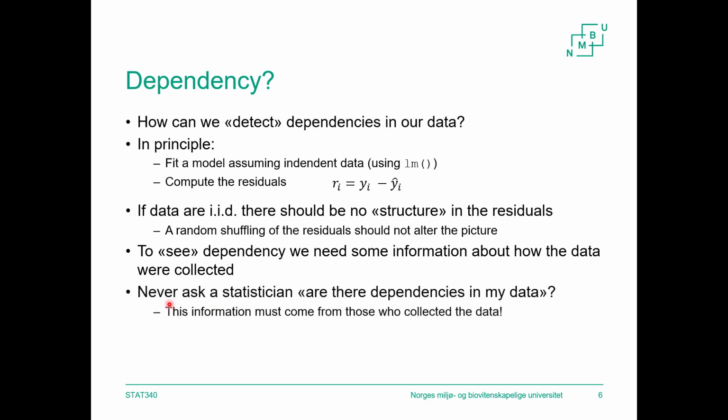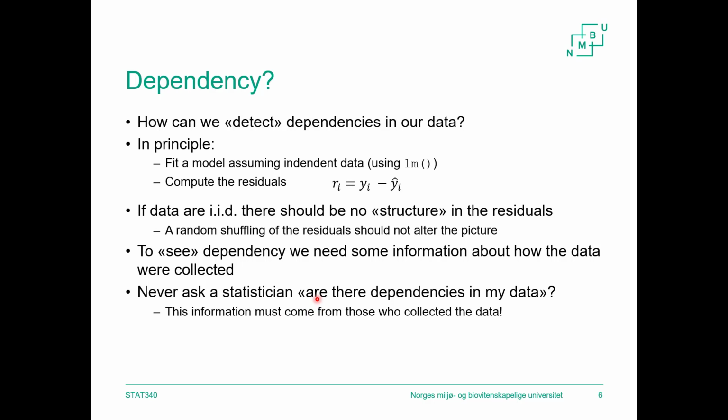So never ask a statistician about this. Are there dependencies in my data? Because it's not something that a statistician will know or not know. This is something that the one who collected the data will tell you. The experimentalist has the information that you ask for.